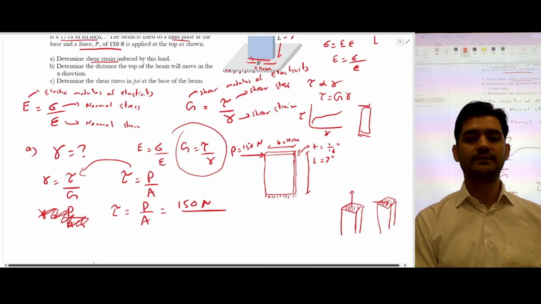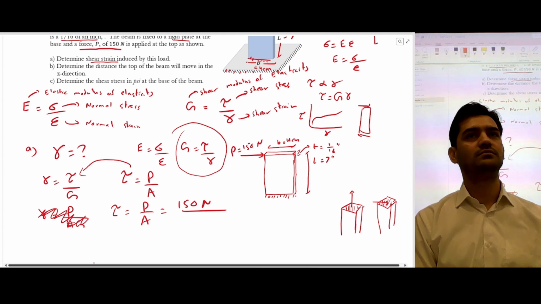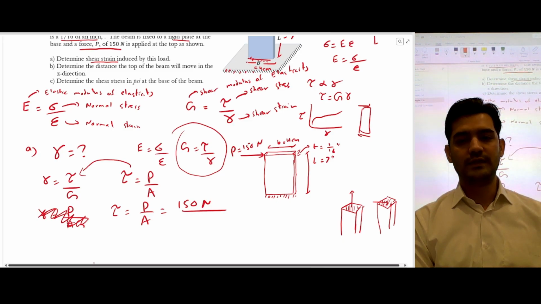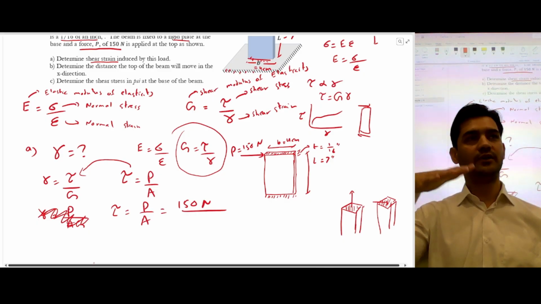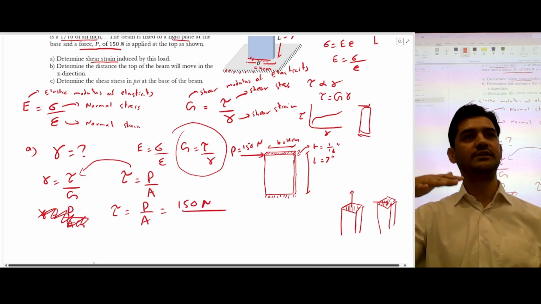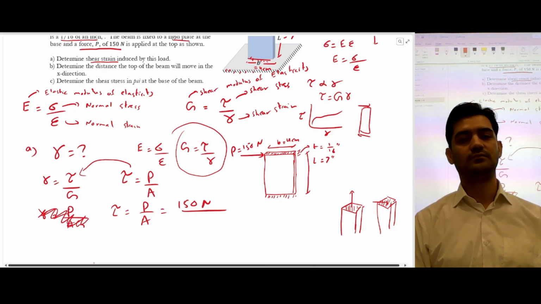So in this case, what should be the area? That's the area, because the force applied is a shear force, and for shear force we have to consider the area which is parallel to the force being applied. So that's the area which we need to consider.